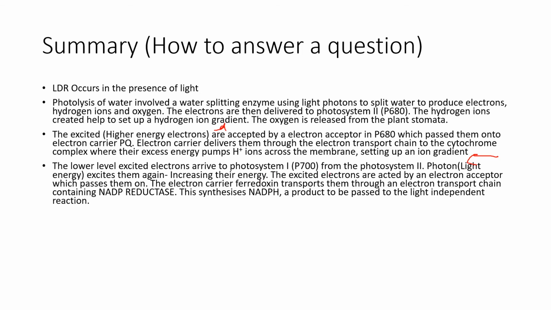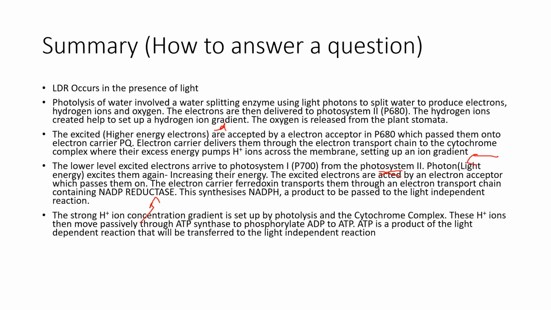The excited electrons are accepted by an electron acceptor which passes them on. The electron carrier ferredoxin now transports them through another electron transport chain containing NADP reductase. This synthesizes NADPH, another product to be passed on to the light-independent reaction.